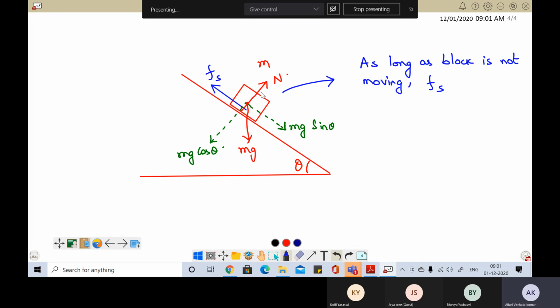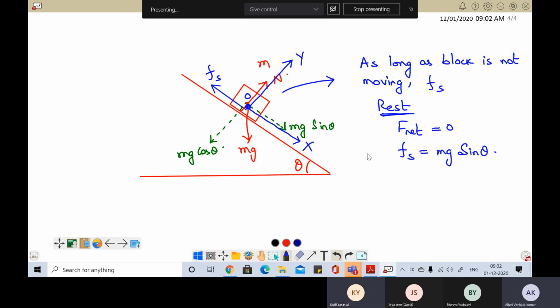Since the block is at rest, along the inclined plane, suppose you take this as origin and this as the x-axis, and this as the y-axis. In the x direction, block is at rest, so F net is equal to 0. So Fs is equal to mg sin theta. Correct or not?